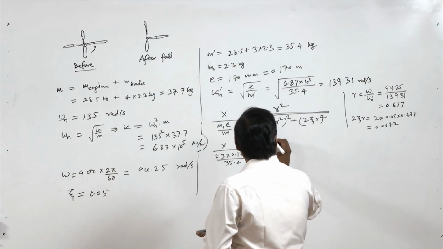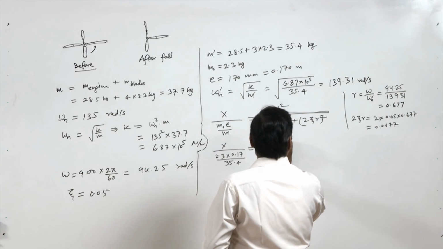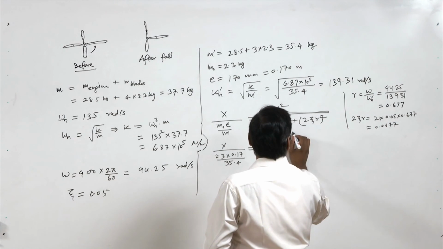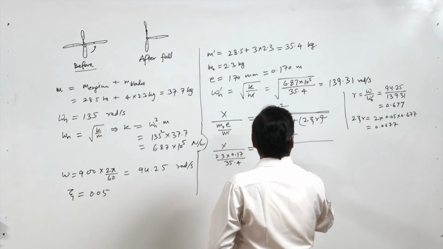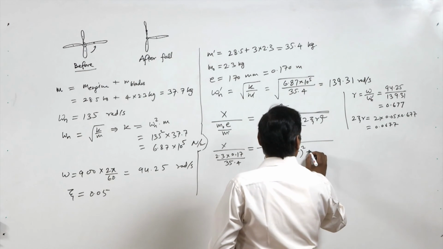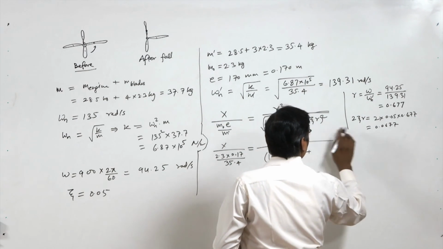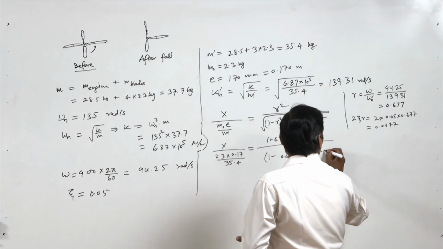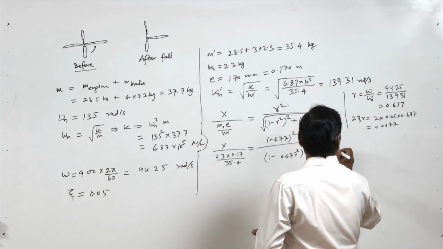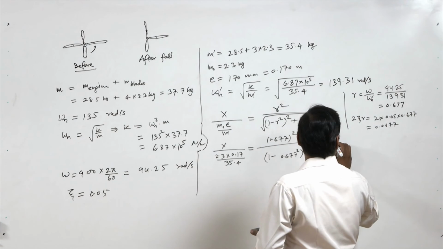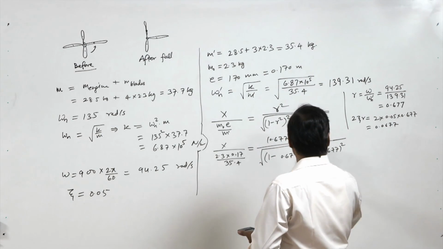So we can put this in the equation. So r is 0.677 square upon the square root of (1 minus 0.677 square) whole square plus (2 zeta r, which is 0.0677) whole square.